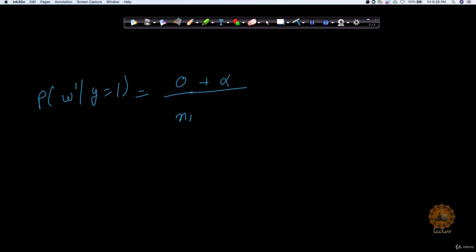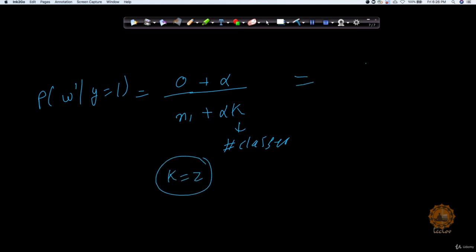Now alpha will be a hyperparameter, okay? So this alpha and k, you might be using all these hyperparameters a lot in your machine learning. This k is nothing but your total number of classes. Like in my last example, I have taken y as value 0 or 1, so in this case my value of k could be 2.